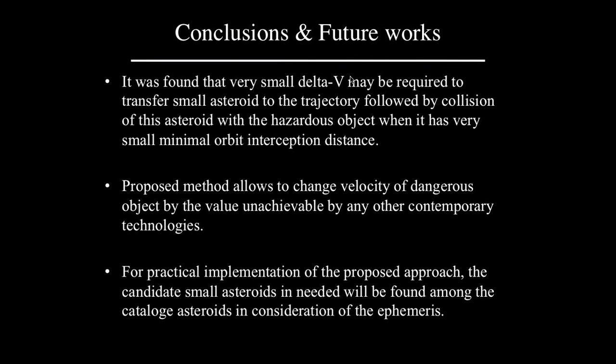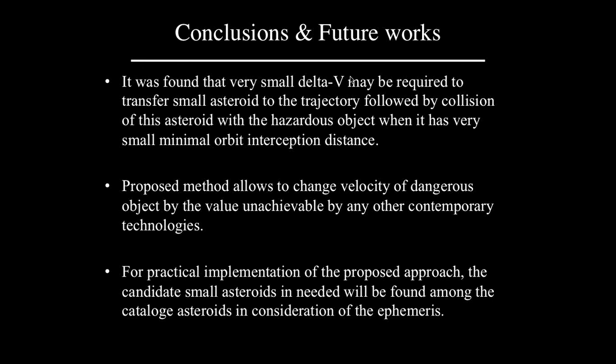And this is the conclusion. It was found that a very small delta V may be required to transfer a small asteroid to the trajectory followed by collision of this asteroid with the hazardous object when it has a very small minimal orbit intersection distance.